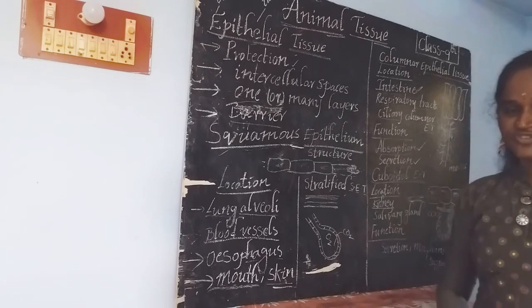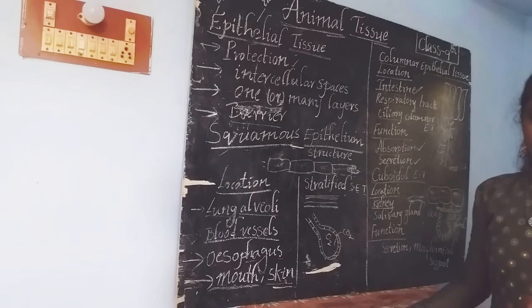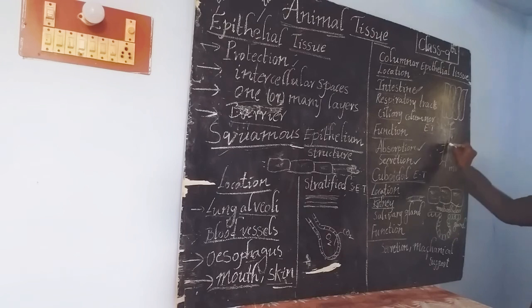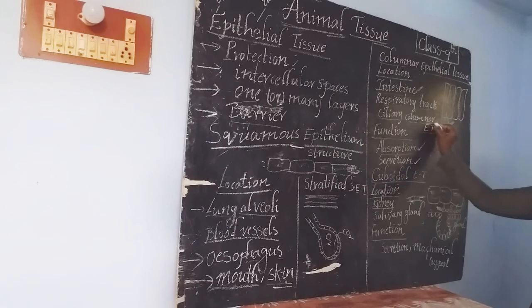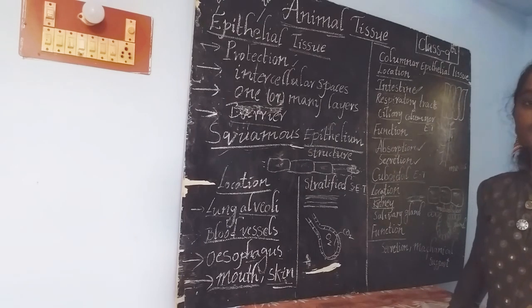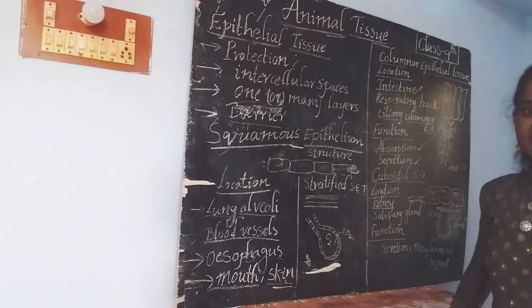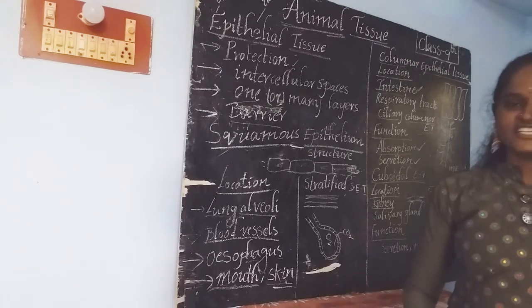Because inside the respiratory tract, the mucus has to move forward. In order to make the mucus move forward, the columnar epithelial tissue has cilia, and this variety is called ciliated columnar epithelial tissue. As it contains cilia on its surface, we call it ciliated columnar epithelial tissue.